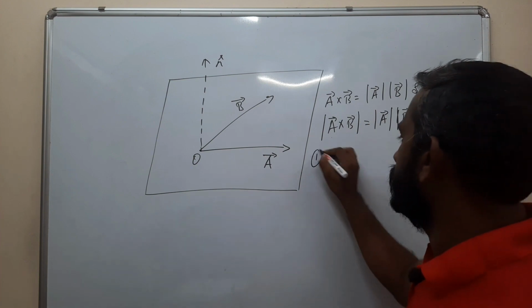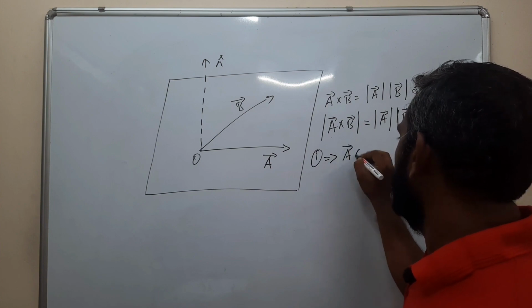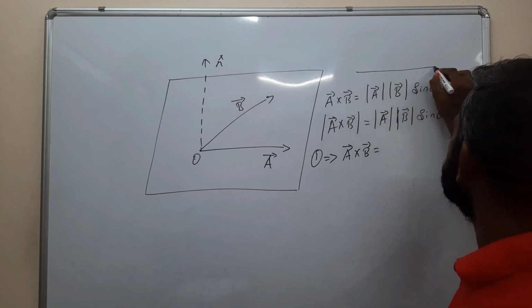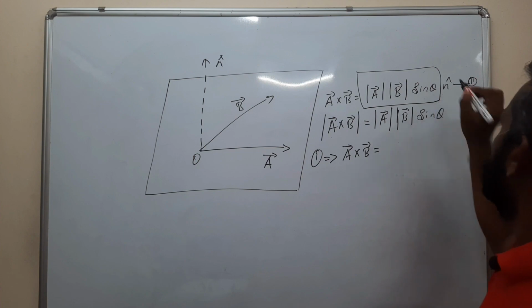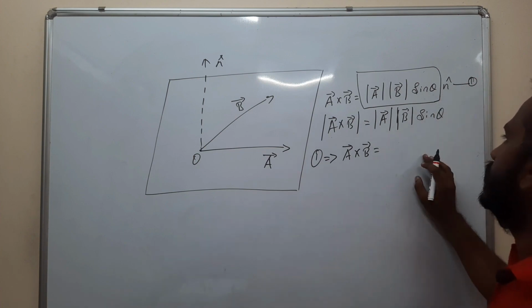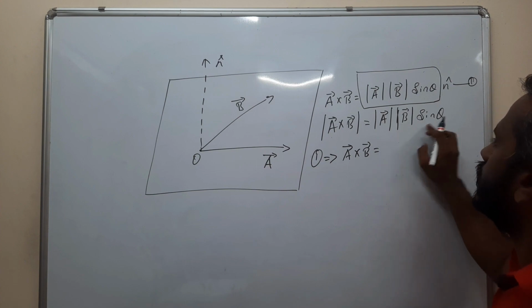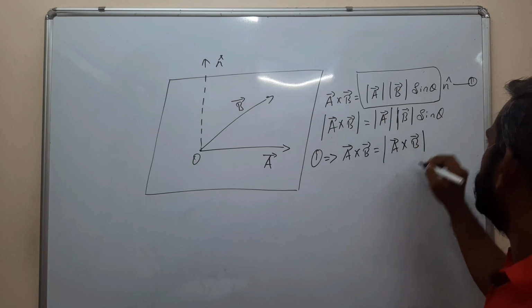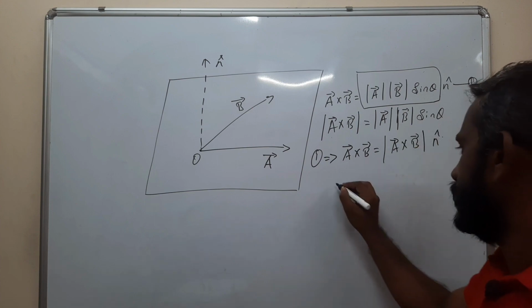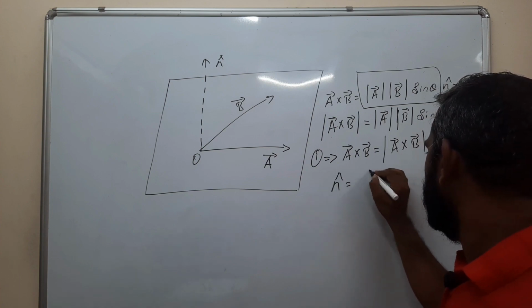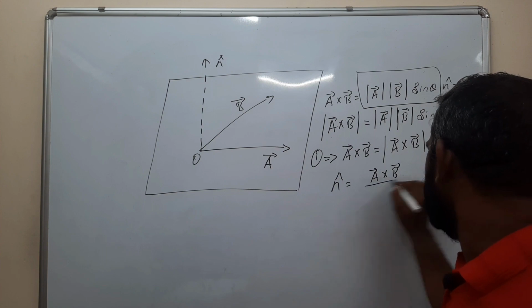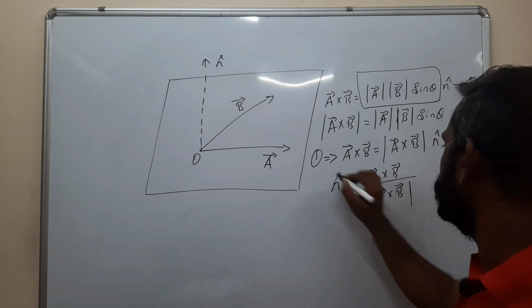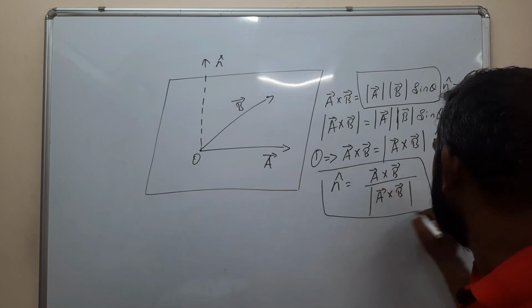So now equation 1 implies a vector cross b vector is equal to modulus of a cross b into n cap.